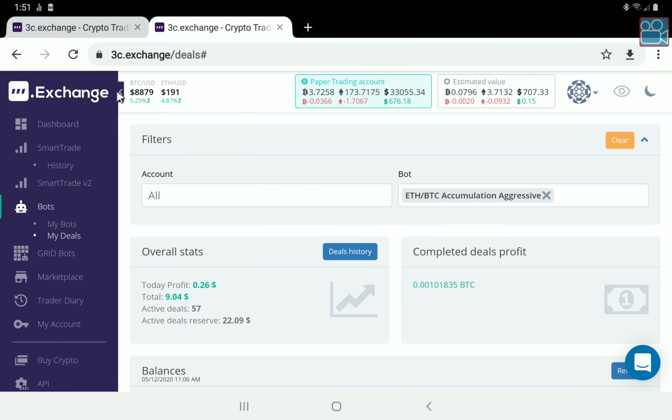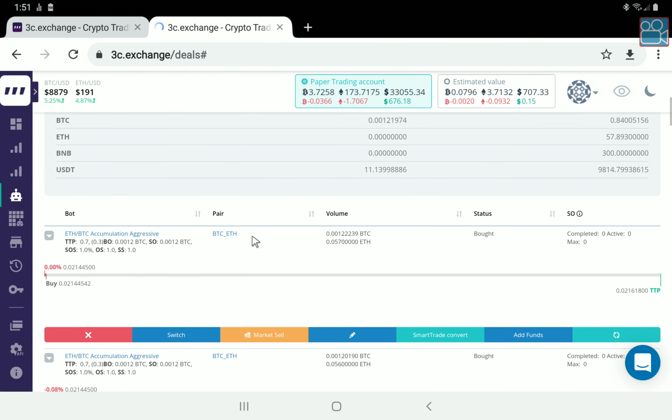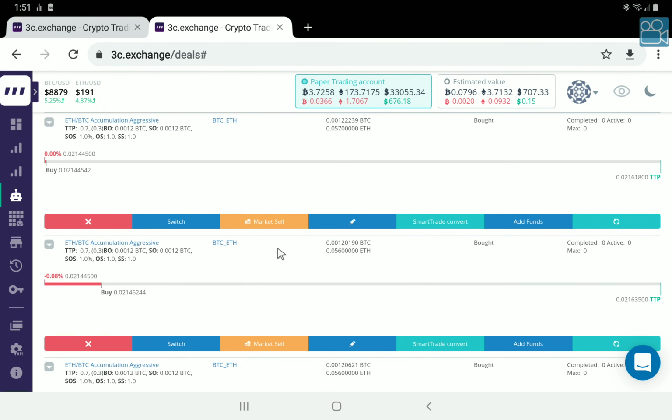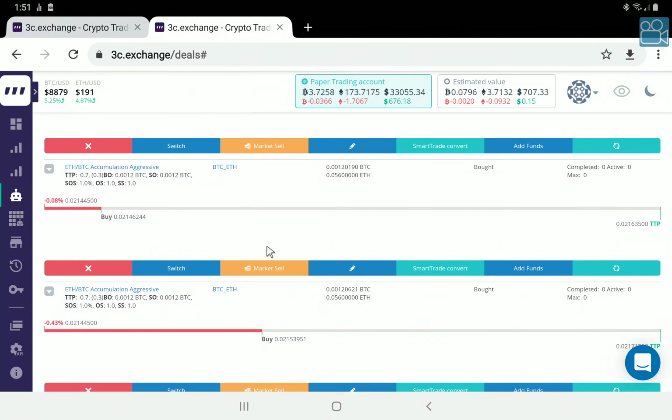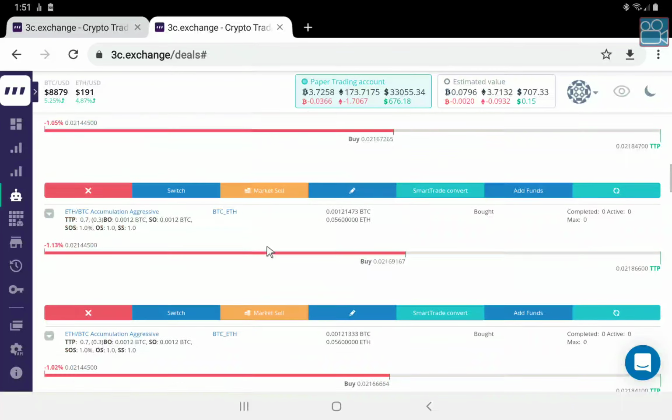Let's get this out of the way so we get more screen space. Now, let's take a look at these. So far, everything looks nice.